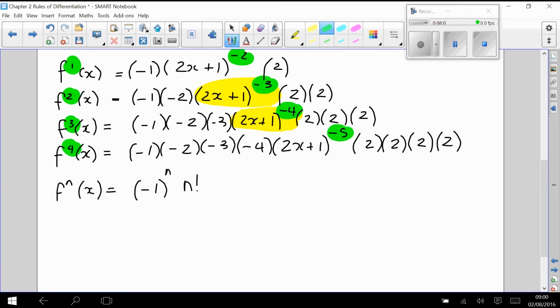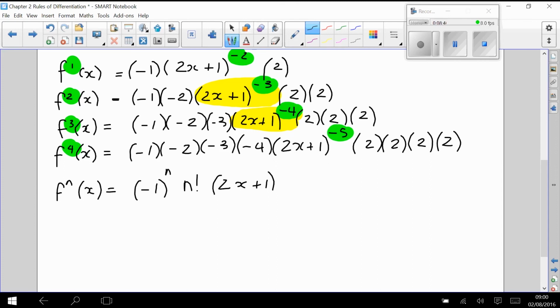If I took my first derivative, number 1, and made that a minus number, and then minused another one, I've got minus 2. Let's see if that trend works for the nth derivative. If I take my second derivative and make it minus 2, and then minus another 1, I've got minus 3.